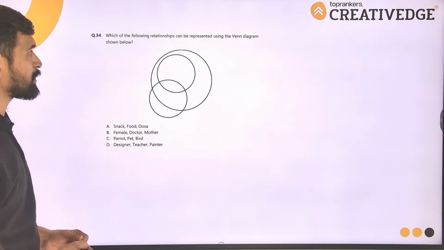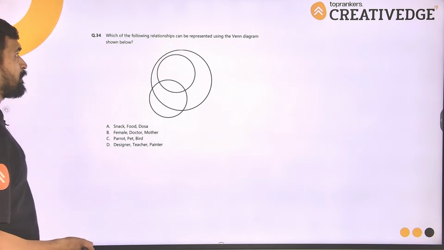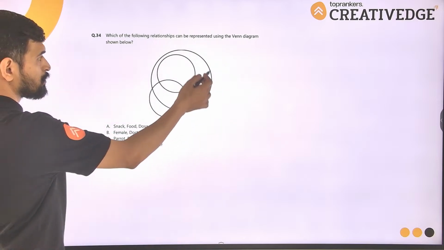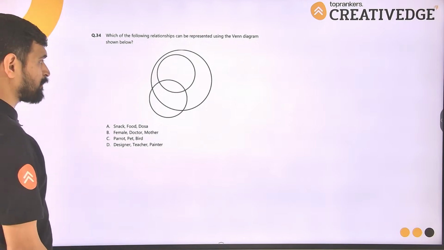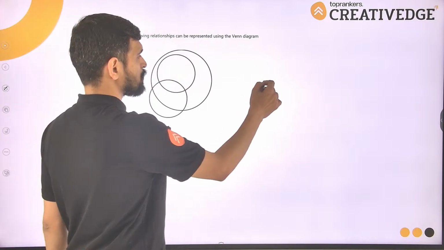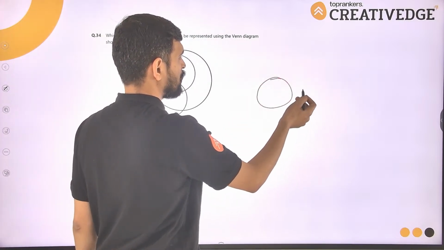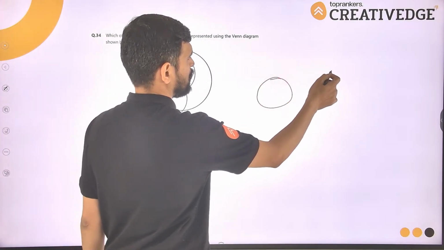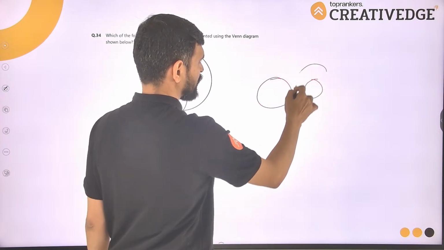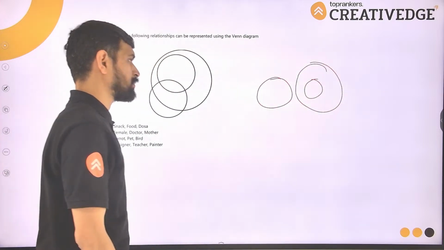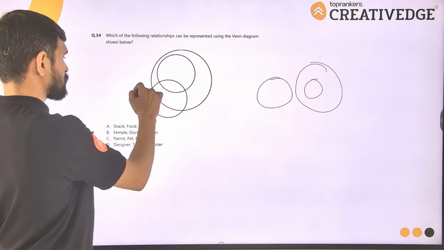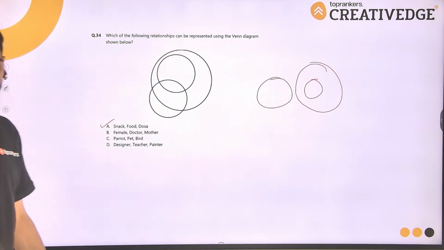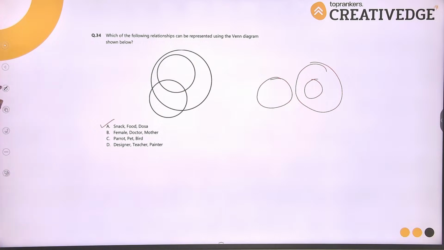Which of the following relationships can be represented using Venn diagram shown below? So this is the Venn diagram. More than one answers could be possible. Snack, food, dosa. So dosa is definitely a type of food and it can also be a snack, but other snacks are also possible. So option A definitely matches, right?